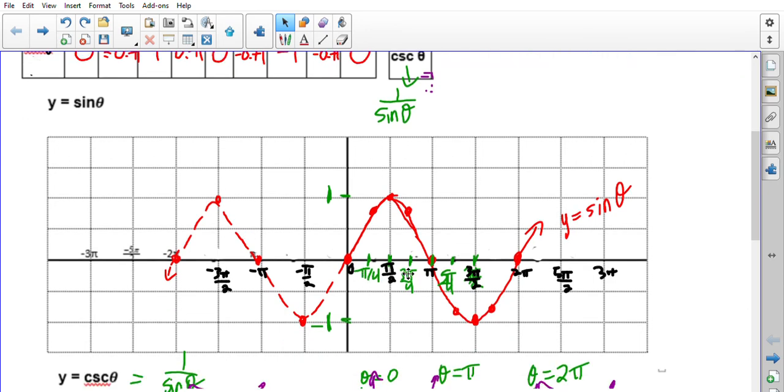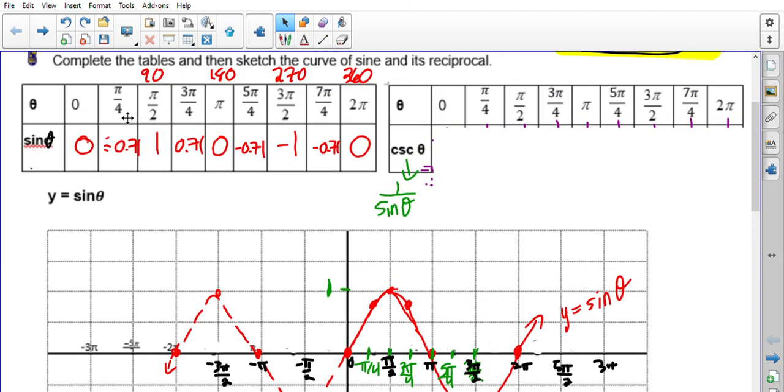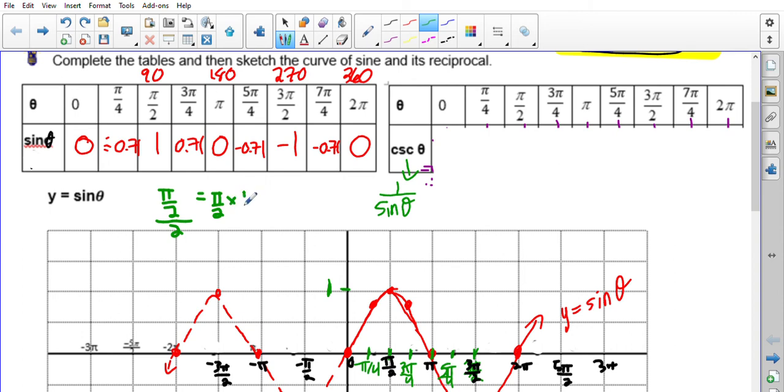And make sure, again, you have it labeled properly. On this grid, the first grid line is pi over 2. If you're going to graph pi over 4, that is half of pi over 2. If you divide pi over 2 by 2, that's pi over 2 times 1/2, right?